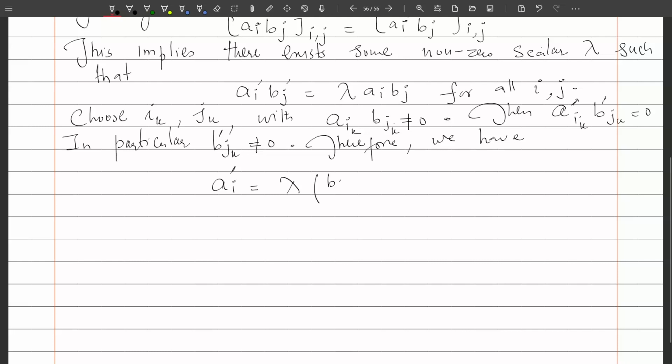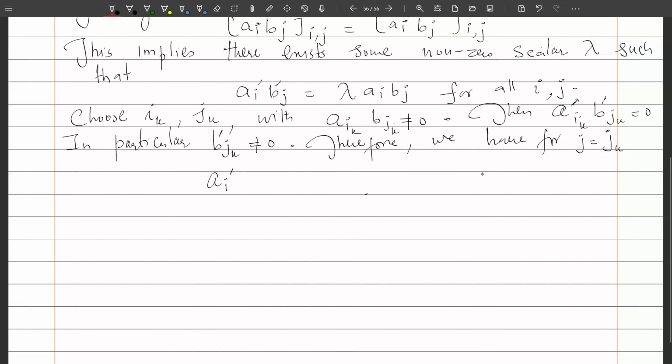So we have bj here, let us divide this by bj prime times... So if we substitute j to be equal to j sub k prime, we have this ai prime.